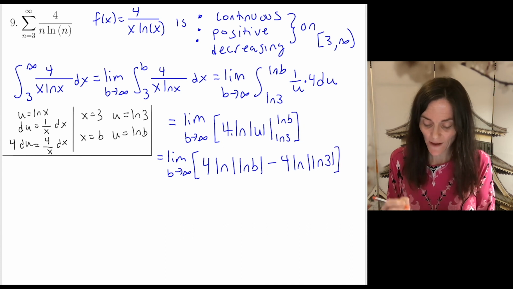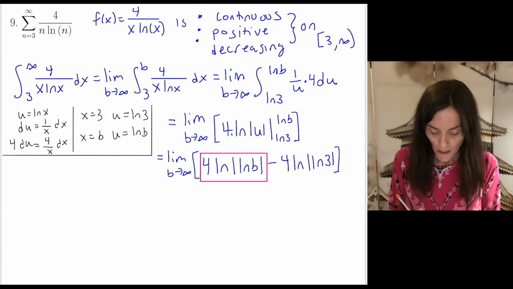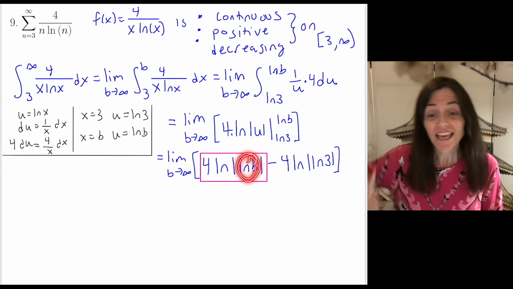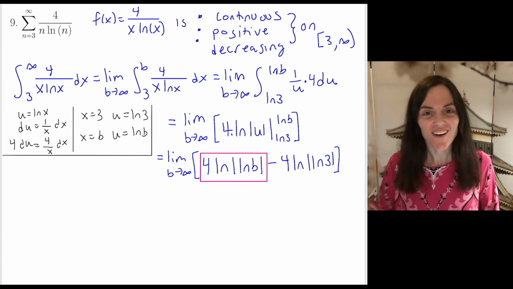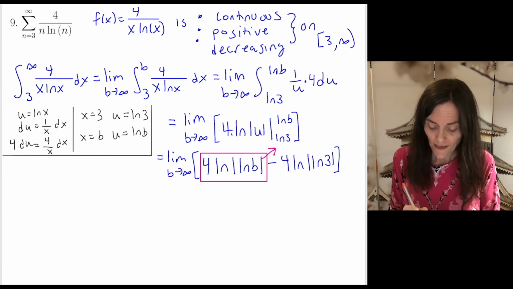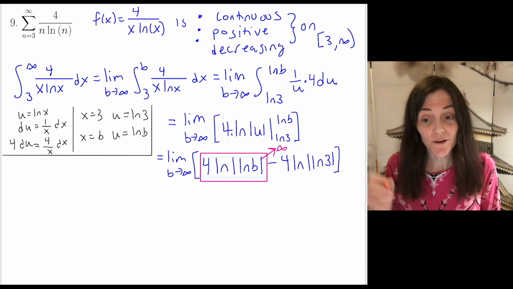Okay, now here we go. This part is what has a b in it. Natural log grows without bound as b approaches infinity. So this part is growing without bound. And then we take ln of that growing without bound. So this is approaching infinity. The improper integral diverges.